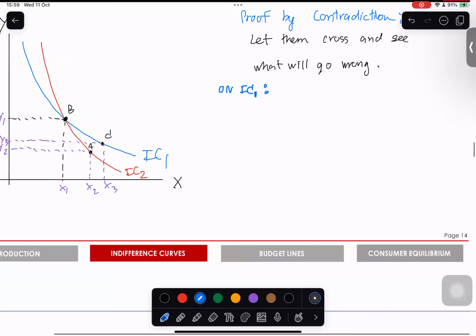Then, since baskets B and C are on the same indifference curve, they must generate the same level of satisfaction. That's the conclusion.